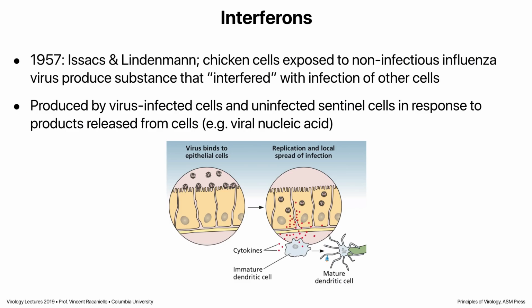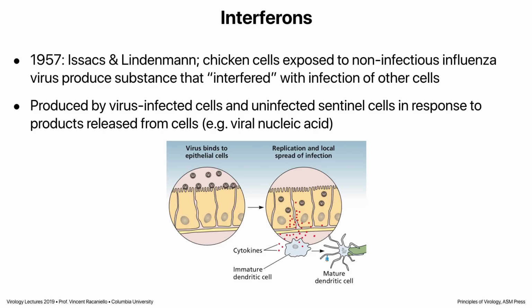Now, among the products induced when these TLRs and the helicases sense something foreign, those are cytokines. And one of the very important cytokines is interferon. So we'll spend a little time talking about interferons.